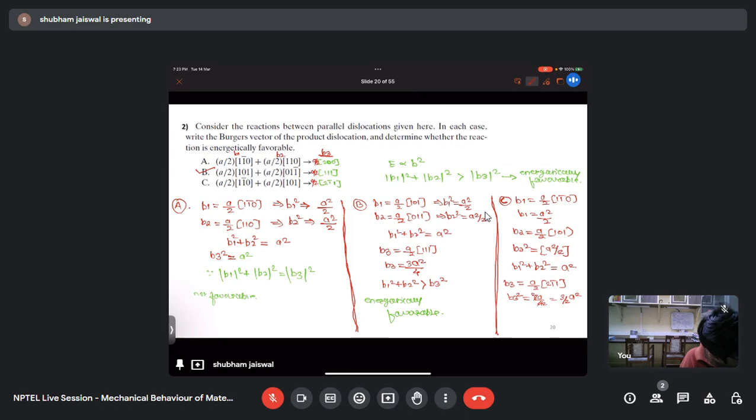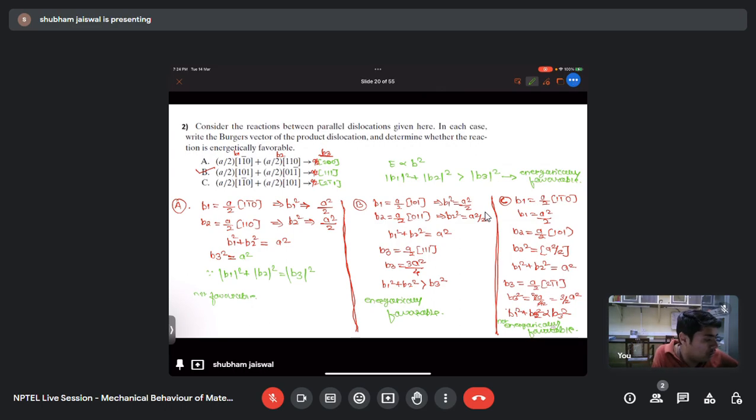So again, in this case, b1 square plus b2 square is less than b3 square. So this will not be energetically favorable. Okay, so this was the answer for the first question.